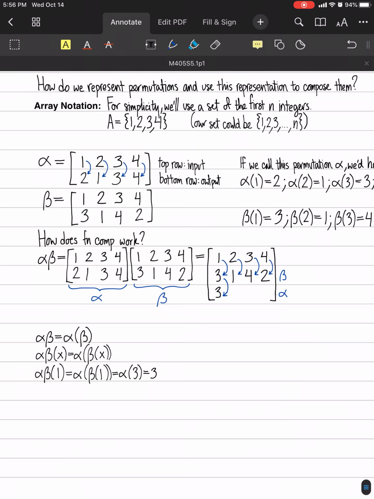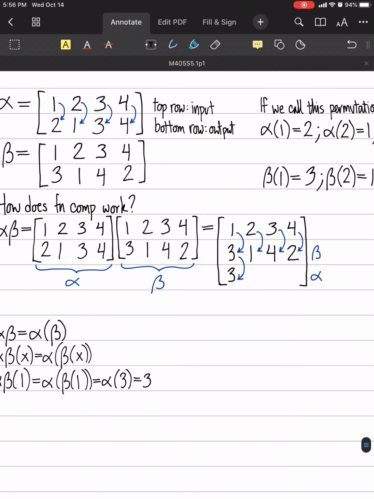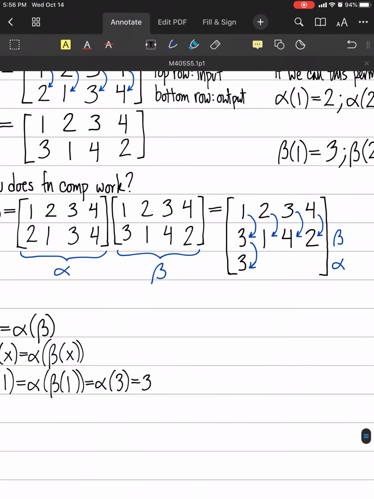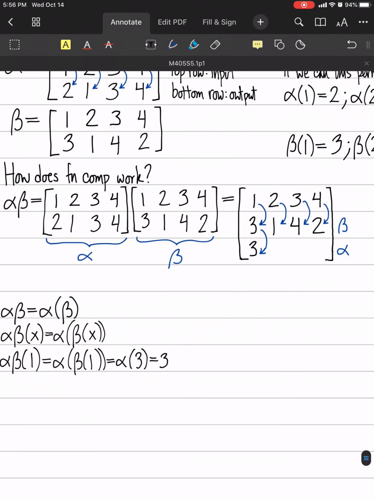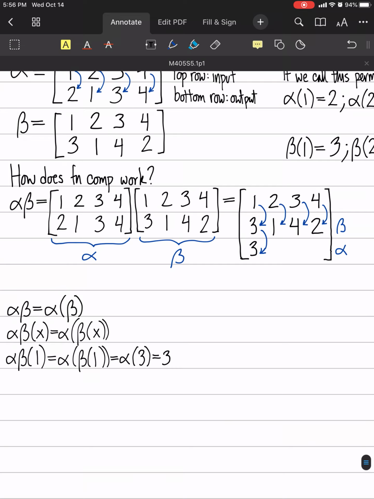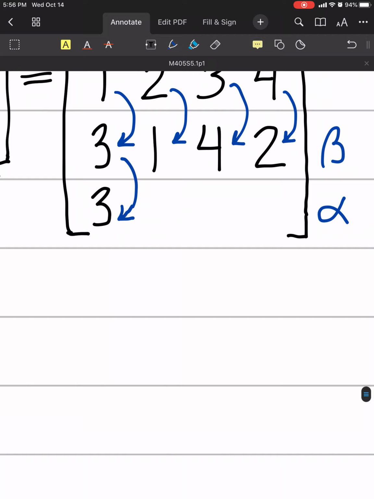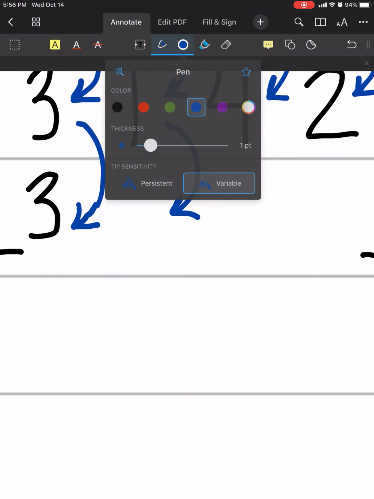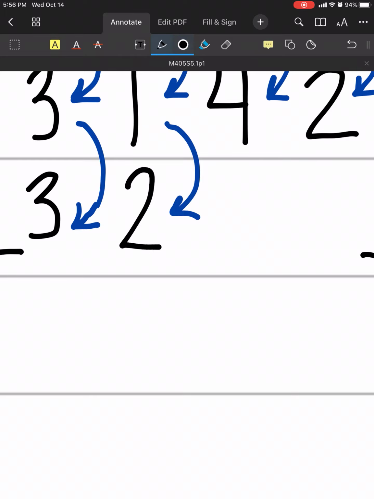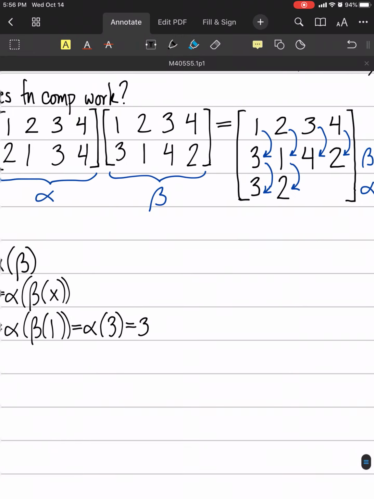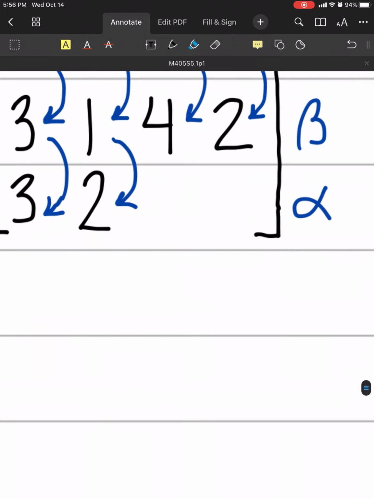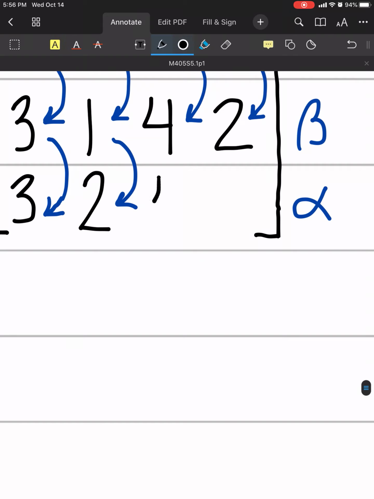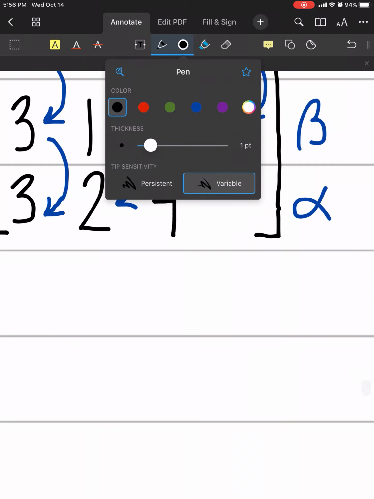Okay, so now for alpha, this is a little bit trickier. Not too tricky, but we'll see here. So alpha, we want to see what the things in the second line go to. So here we see 1 in alpha goes to 2, so I should have a 2 here. 4 in alpha goes to 4, so I should have a 4 here.